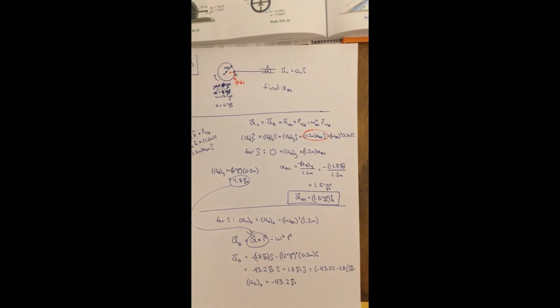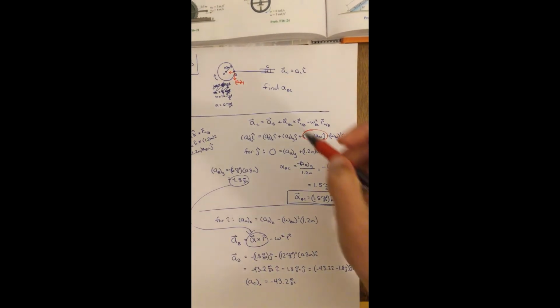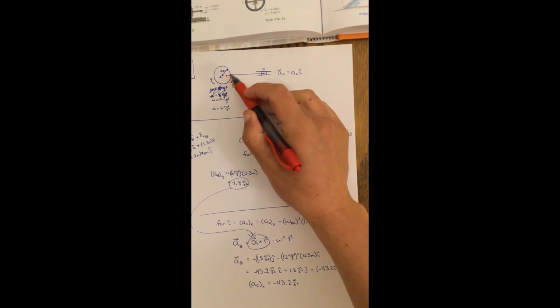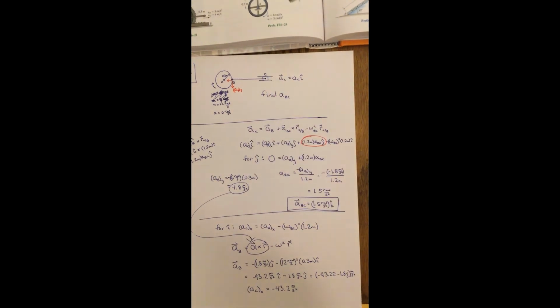Okay, so now we can use what we learned in the last section about the instantaneous center of zero velocity. If you look at point C here, because point B is here, this is as far out as point C is going to go.